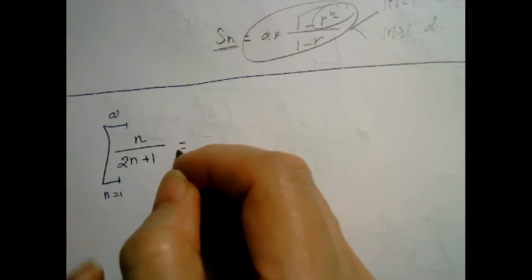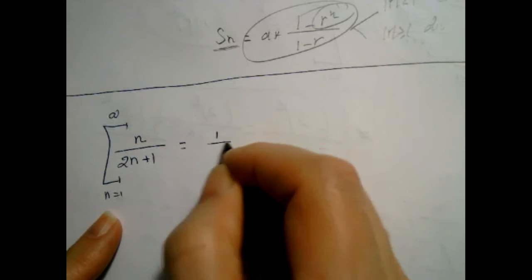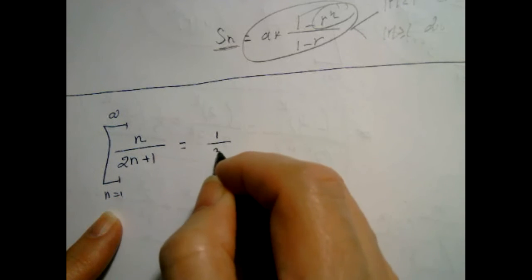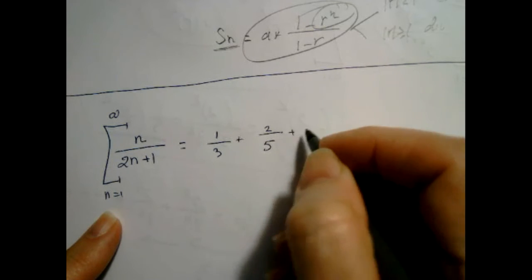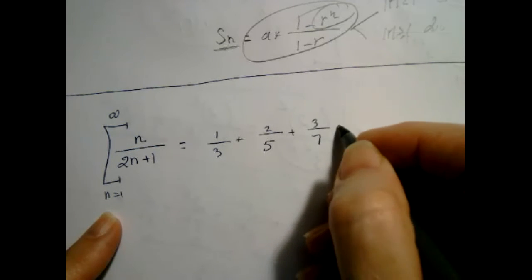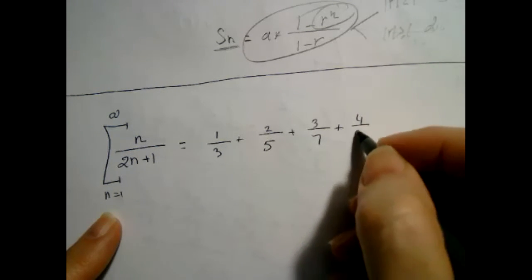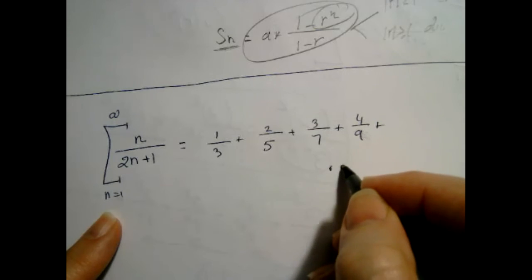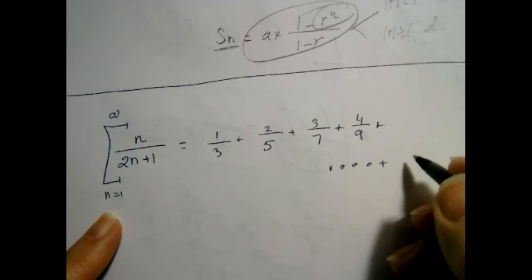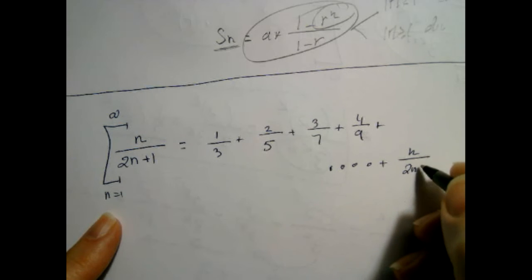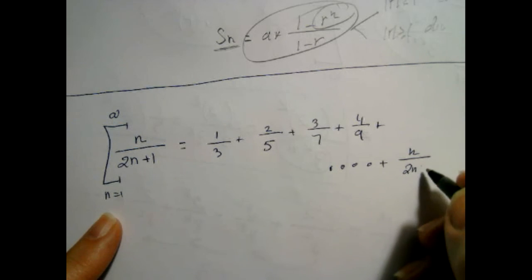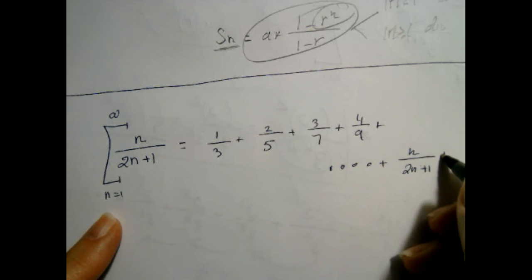If n equals 1, I will have 1 over 3 plus 2 over 5, 3 over 7, 4 over 9, plus etc. So the general term will be n over 2n plus 1. Sorry, I wrote n, I should have written k.